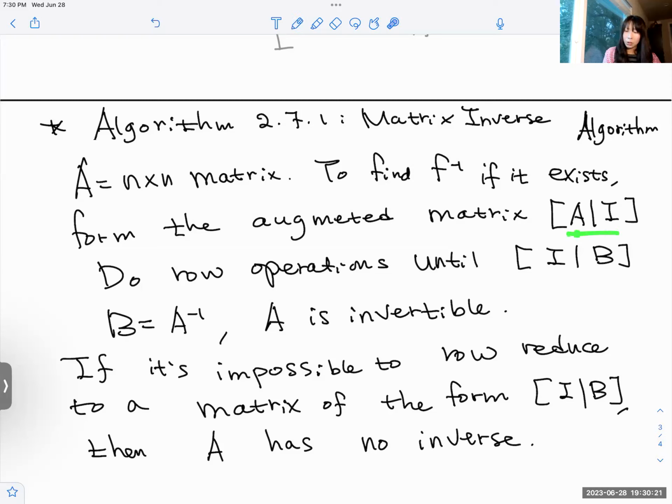So we start with the original matrix, and then on the other side we have the identity matrix, right? And we keep the same size of matrix. Then we make row operations to make the identity from the matrix A. So we don't care anything about this. We just make row operations here.